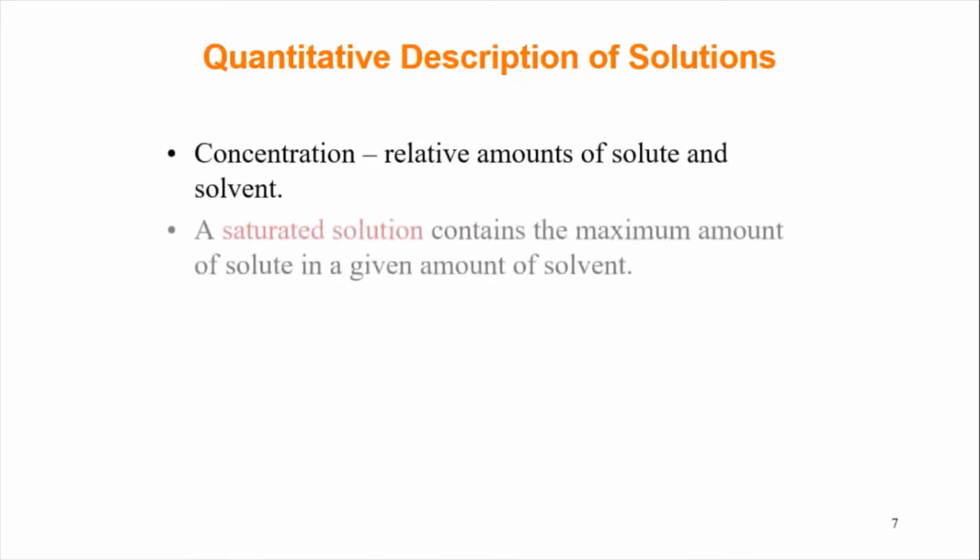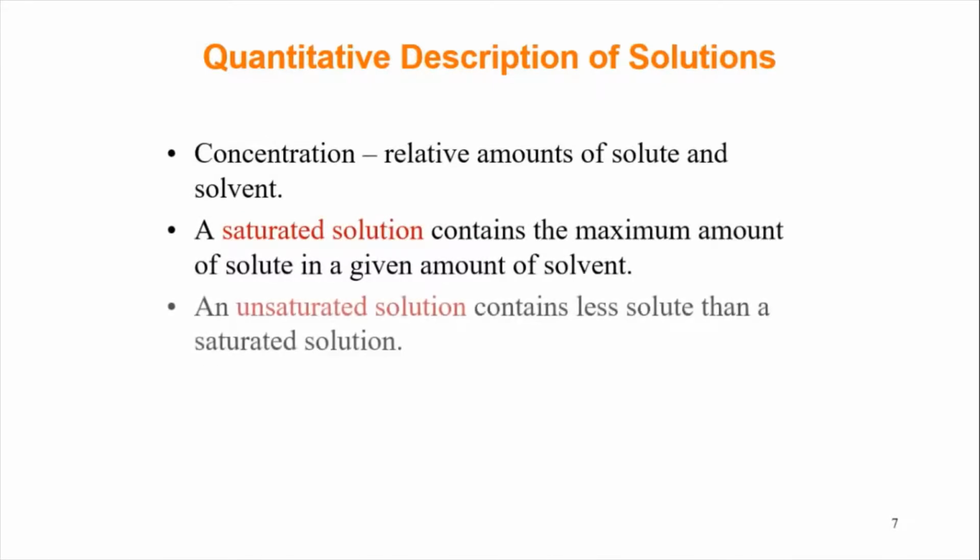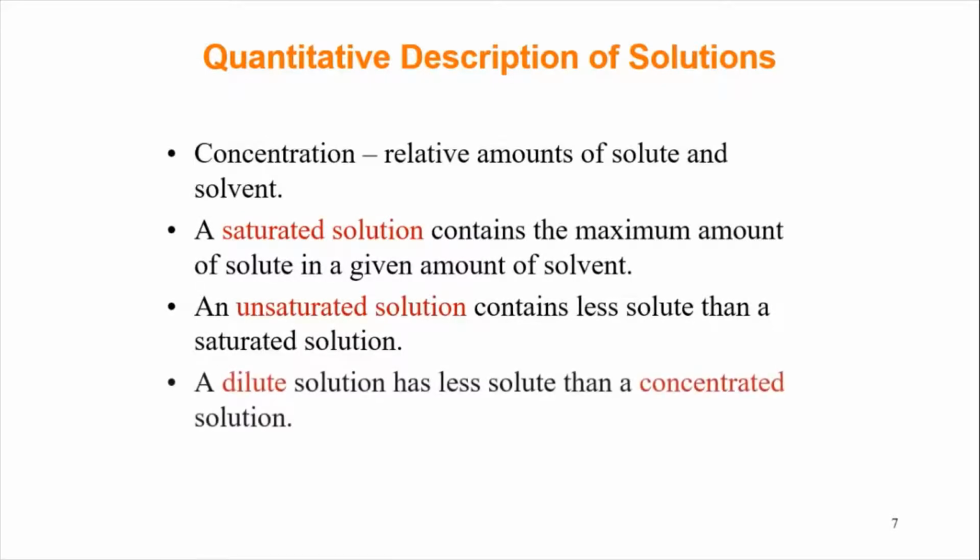So we can describe solutions quantitatively by describing the concentration. Again, let's say that concentration is a way of describing the relative amounts of solute and solvent, right? We already said a saturated solution would have the maximum amount of solute in a given amount of solvent. And of course, we said we have to qualify that. It's at a specific temperature, because this property of dissolving in a solvent is temperature sensitive.